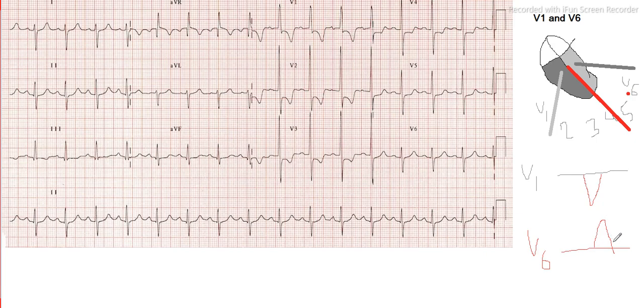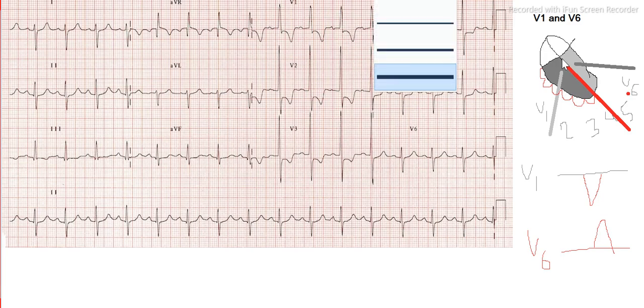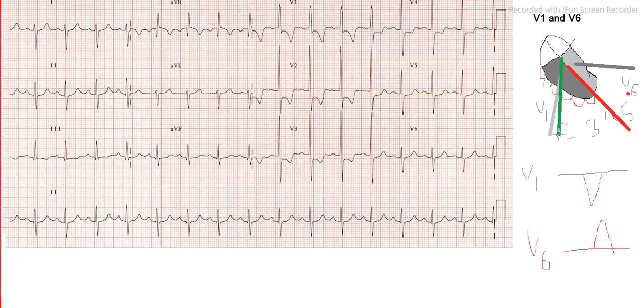However, in case of right ventricular hypertrophy, let's say that now this right ventricle has hypertrophied. What happens is that this resultant vector, let's say drawn in the green line, will be shifting towards this direction.